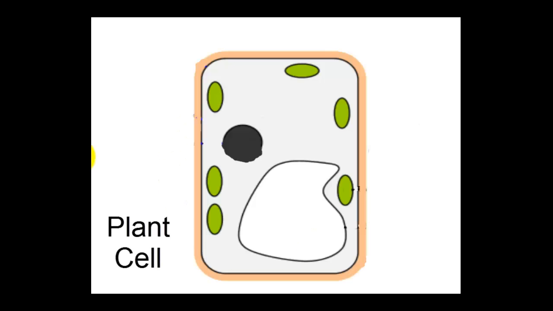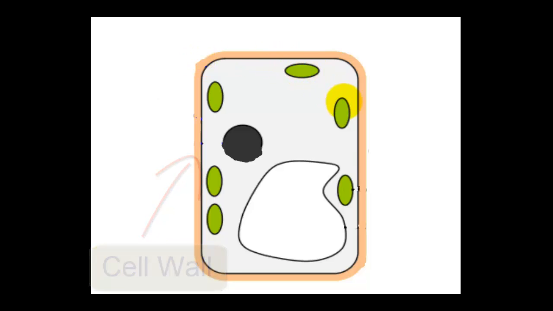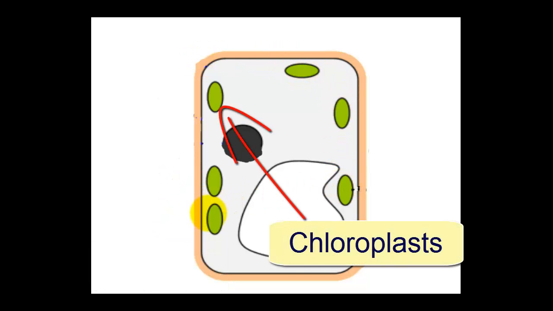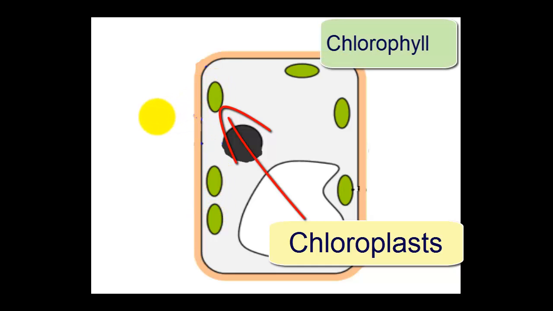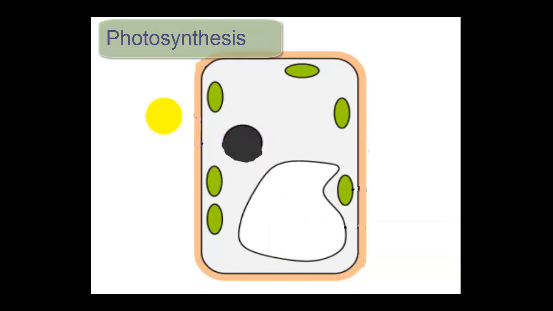And we can identify a few of the familiar structures in a plant cell: the nucleus, the cell membrane, and the cytoplasm. What we also see in a plant cell is a much more solid structure around the outside to give it support, and that's called the cell wall. We also have some green structures that contain a substance called chlorophyll, and these structures are called chloroplasts, and they're involved in photosynthesis, and photosynthesis is how the plant produces its energy.